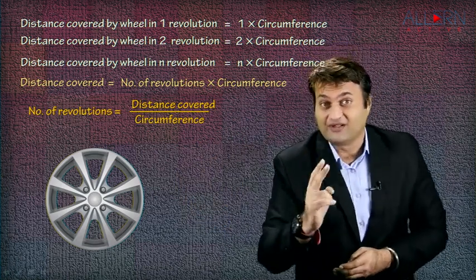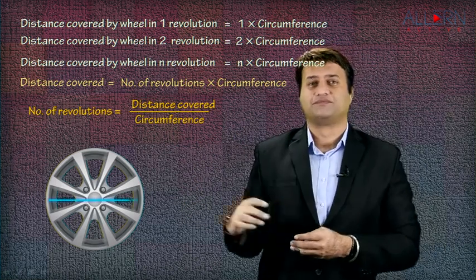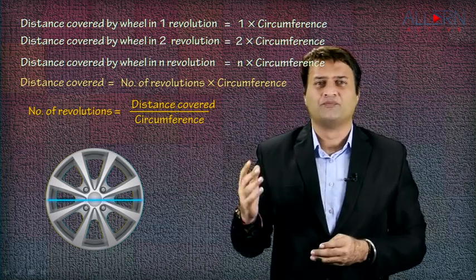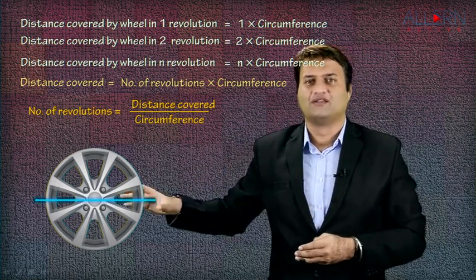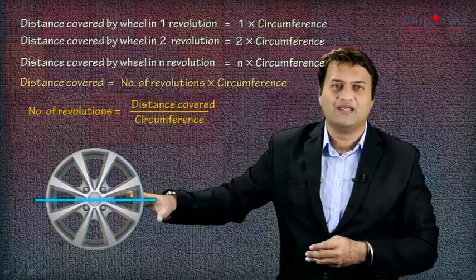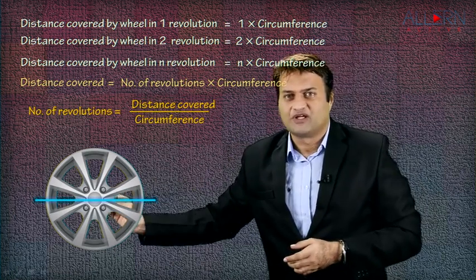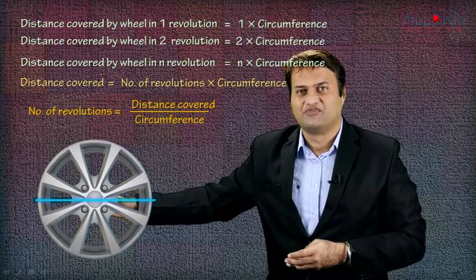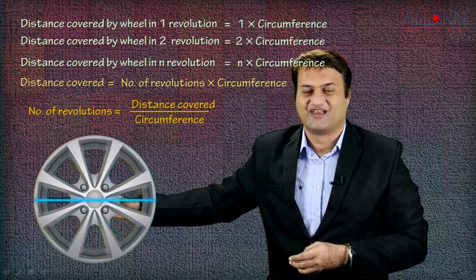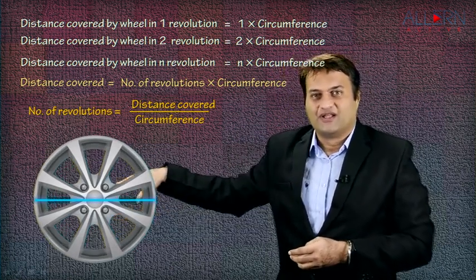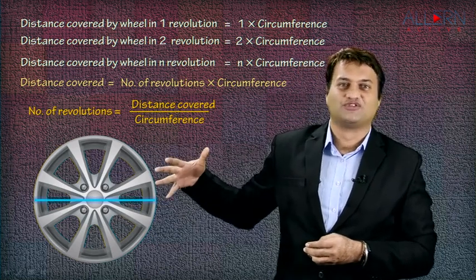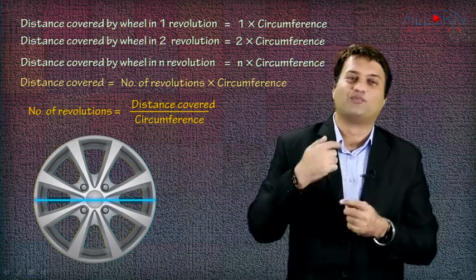Now, one more important thing that we need to know in this sum, one is the formula, that number of revolutions is equal to distance upon circumference, right? The second important thing is something which we already know. We know that the circumference is basically pi d, pi into diameter. So, if the diameter of the wheel increases, definitely the circumference also increases, because circumference is equal to pi into diameter.